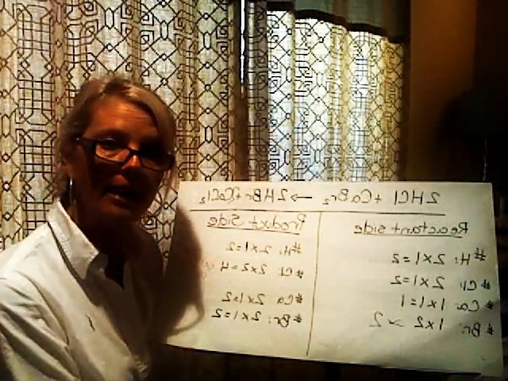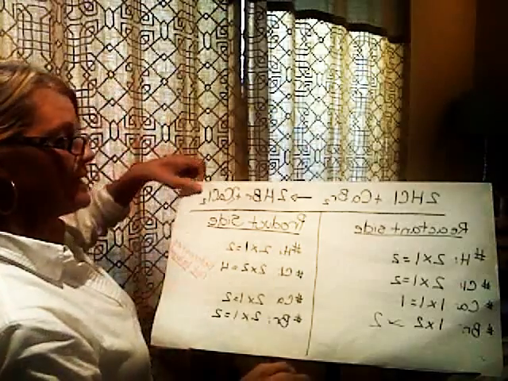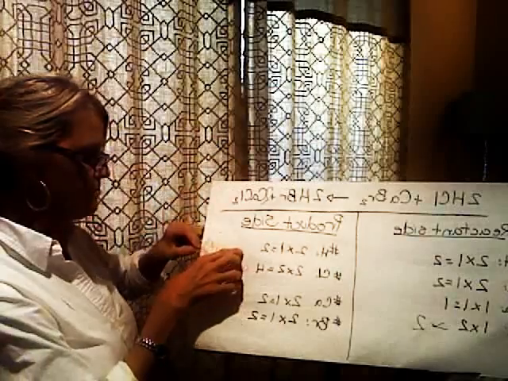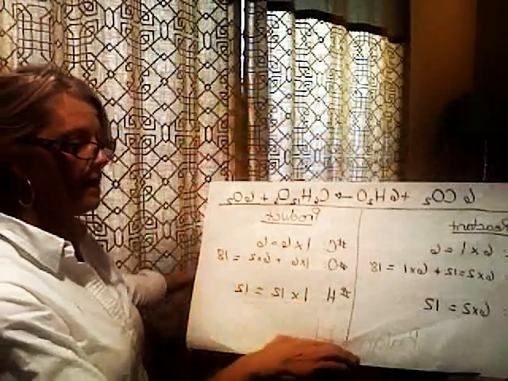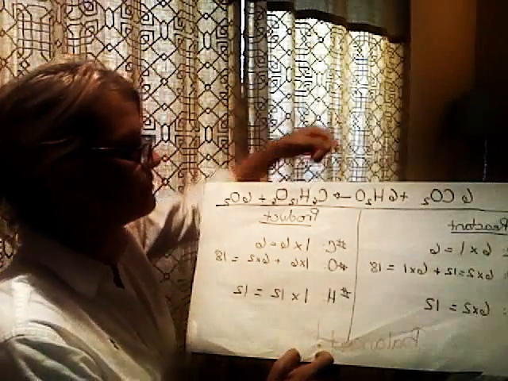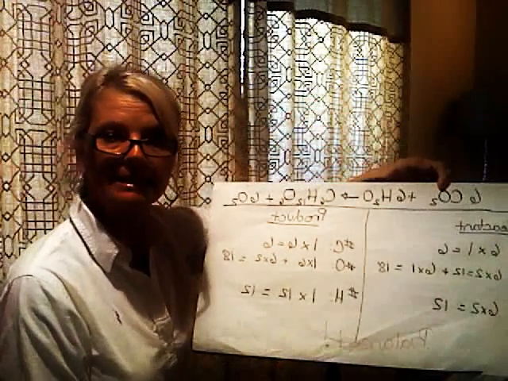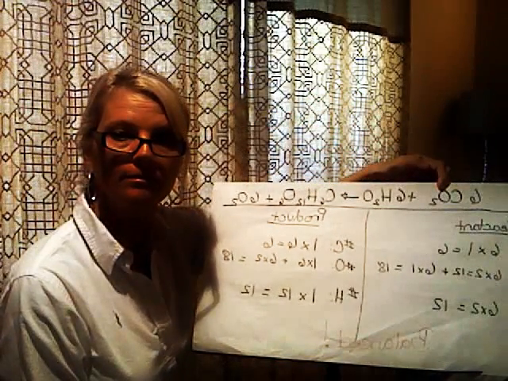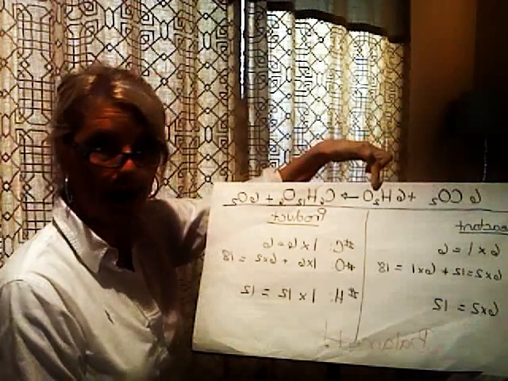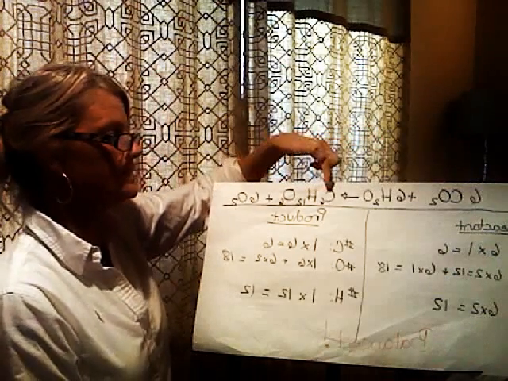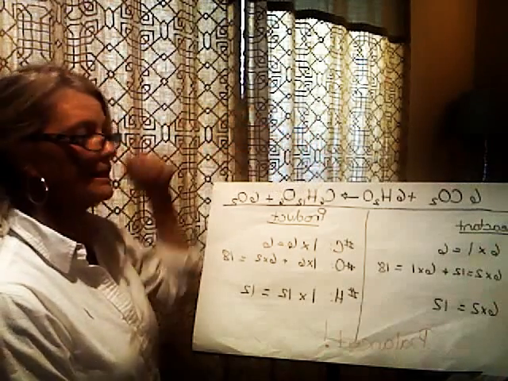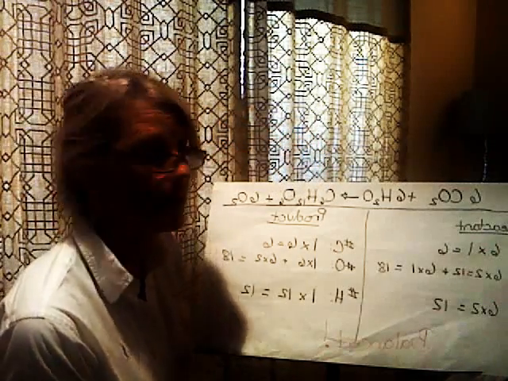Now you'll understand that. Now, our last equation, just for practice sake, I'm going to walk you through this one more time. Let's see how well you're doing this together. We have 6 CO2, plus 6 water molecules yields C6H12O6, plus 6 oxygen molecules.